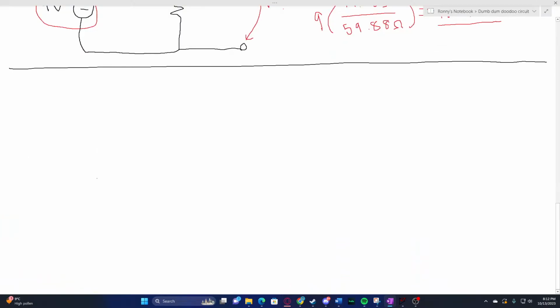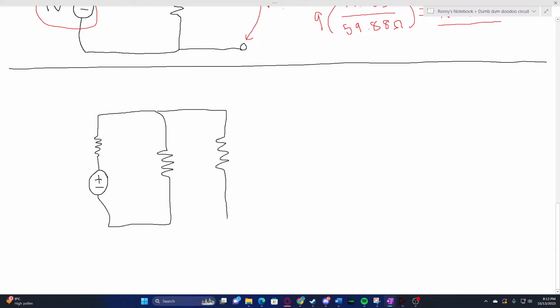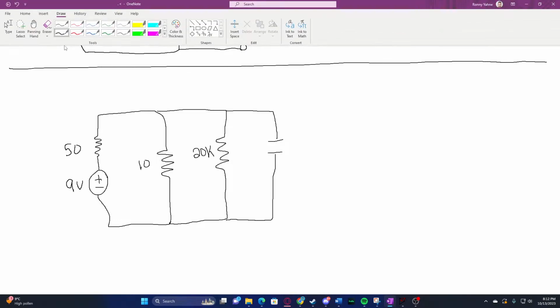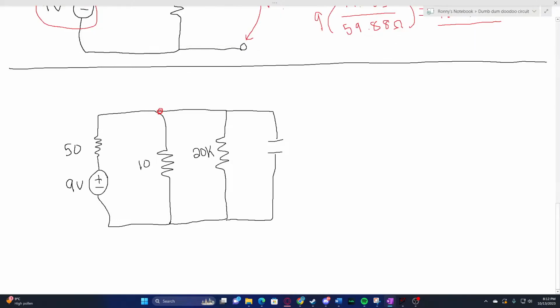Let's say maybe they thought the 9 volt, so let's say if we had a 9 volt, what if they got this one and this one switched up? What would that look like in terms of a voltage right here?